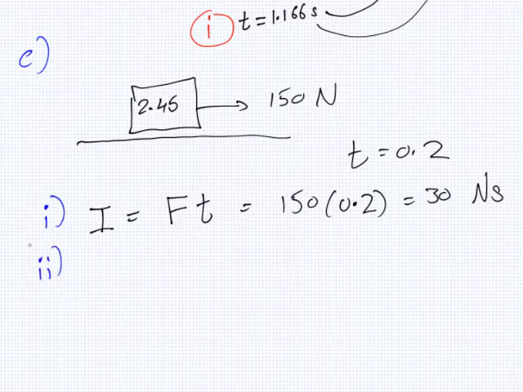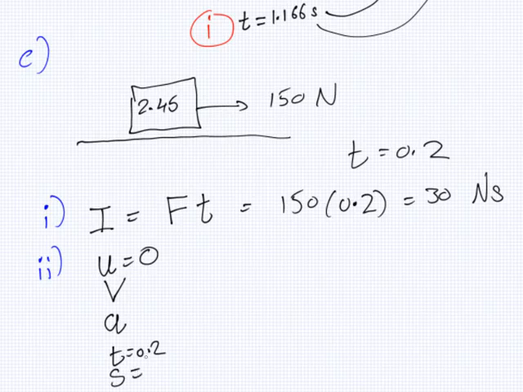And then the last part is what's the velocity? So you have U is 0, V we don't know, A we can know, T 0.2, S we don't know. How can I get the A? What formula gives me the A? Well, you have F equals MA, so you can use this to get the A. 150 divided by 2.45, the A is 61.2.